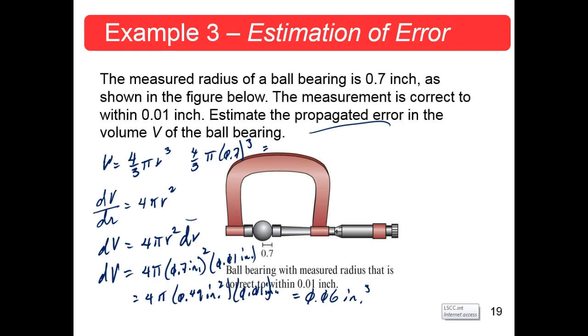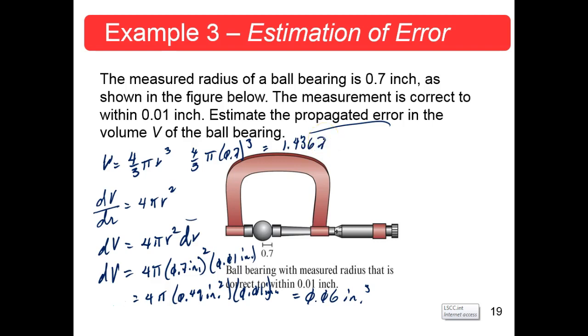But 4/3 pi times 0.7 cubed. 1.4367, is that what you said?